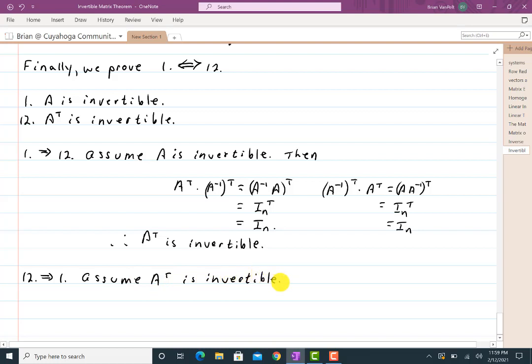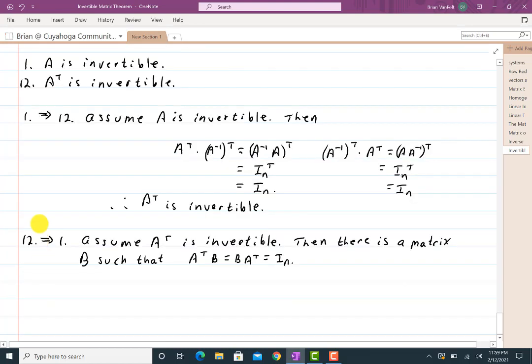Now I don't know the structure of it, but I can say that then there is a matrix, let's call it B, I want to use a different letter than before, such that A transpose B equals B A transpose equals the identity matrix.